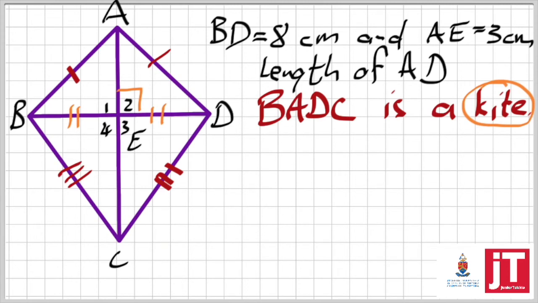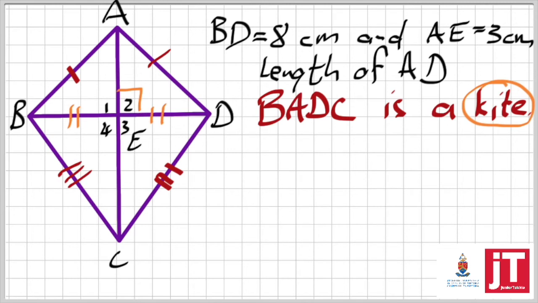They have to tell you which pairs of adjacent sides are equal. So they have to tell you that AB is equal to AD and BC is equal to CD, because if we do it the other way around, then we actually can't answer the question. So please remember that they'll have to tell you which pairs of adjacent sides are equal.